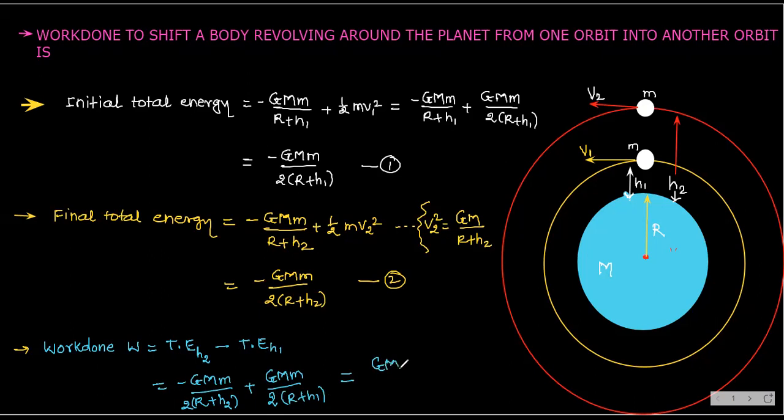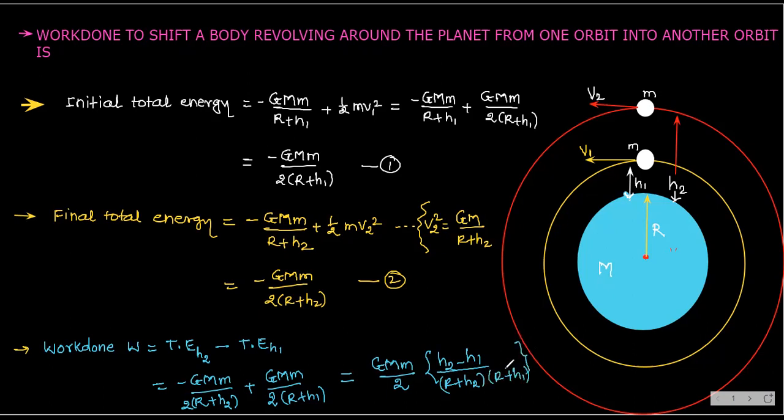GMm by 2 into the bracket (h2 minus h1) divided by (R plus h2) into (R plus h1).